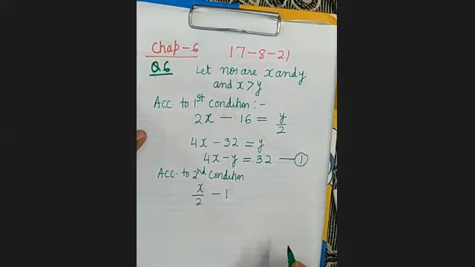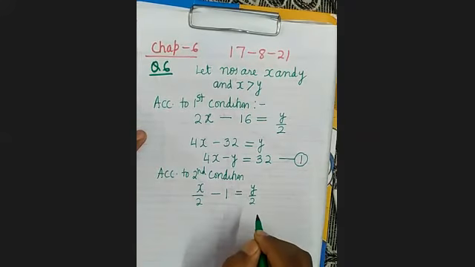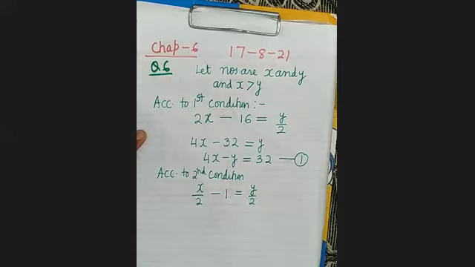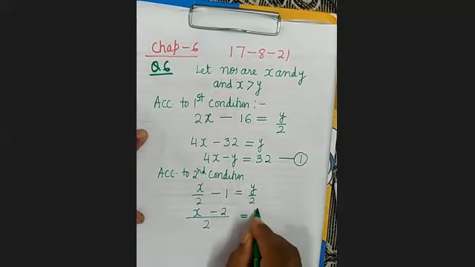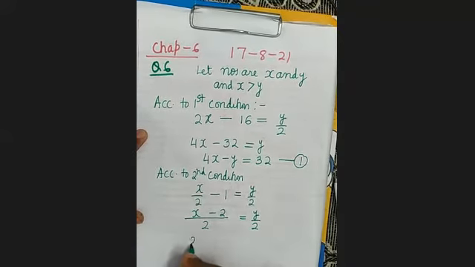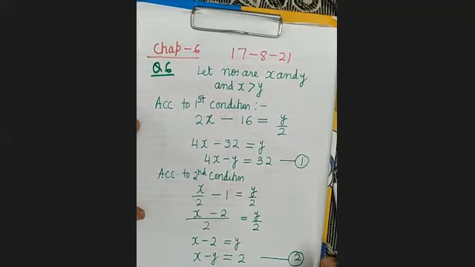The result is still half the other number, y by 2. So you take the LCM and simplify. It will be 2x minus 2 equals y. So x minus 2 equals y. So x minus y equals 2. This is the second equation.